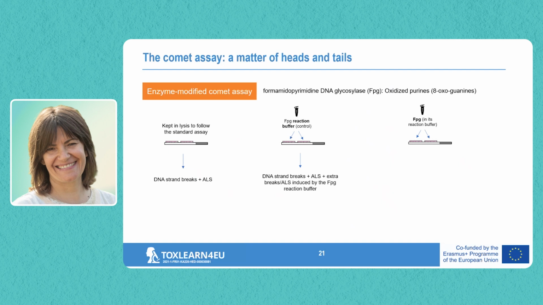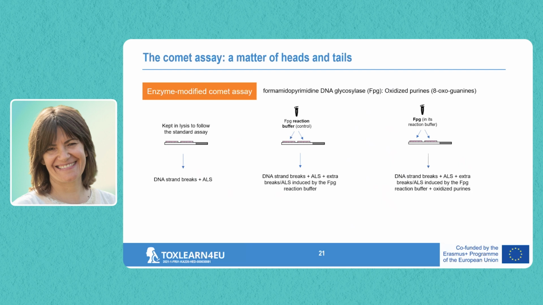So in the buffer we have the DNA strand breaks plus the alkali labile sites that we already have in the sample, plus the extra breaks or alkali labile sites induced by the FPG reaction buffer. What will we have here? We have these two plus the oxidized purines.